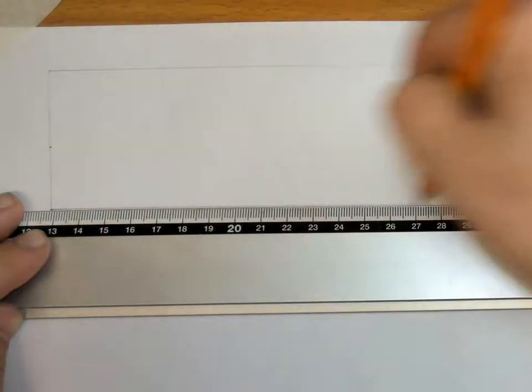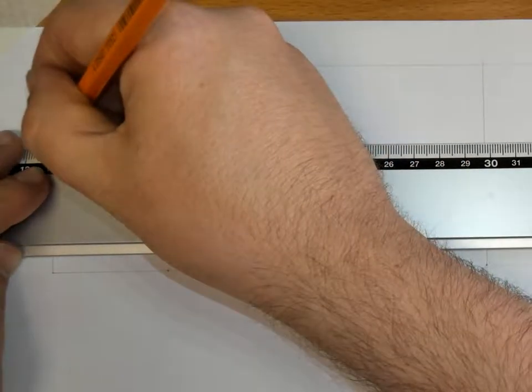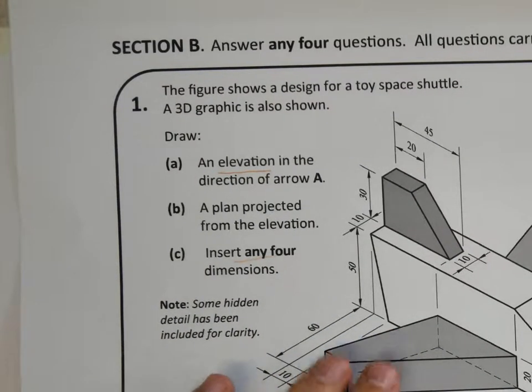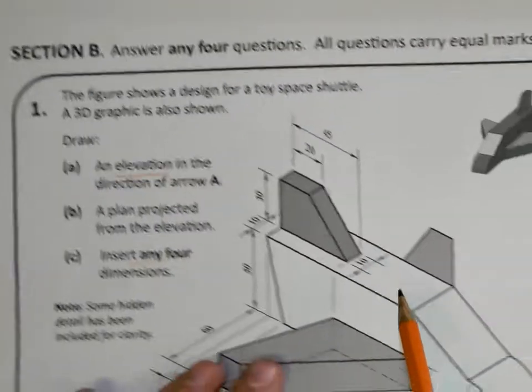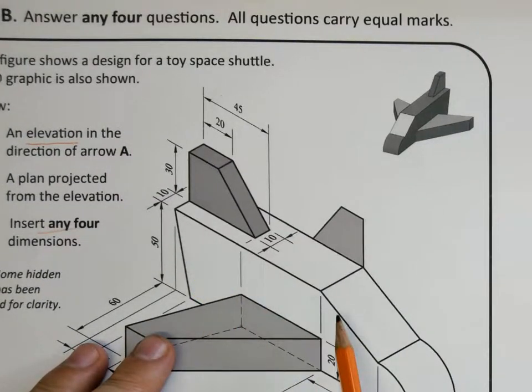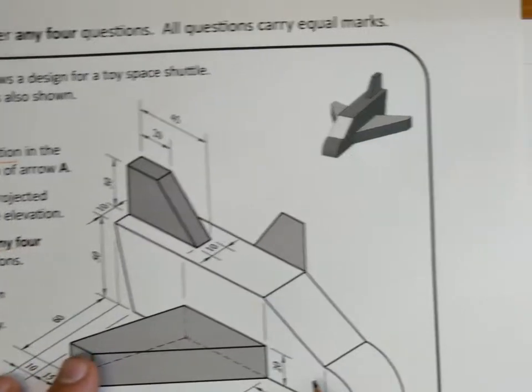Now remember, you don't have to do each view in one go. I'm not going to say you have to, but you can if you want. Now, I'm going to attack drawing in this line, and this quarter of a circle.